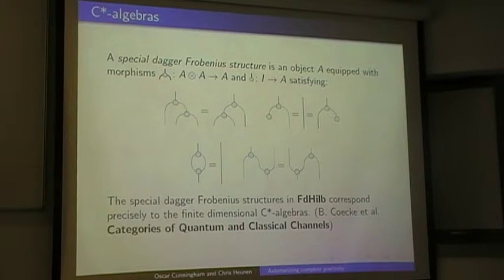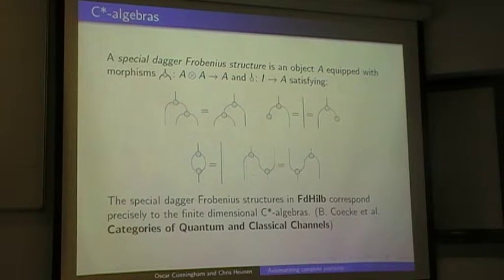And so a C-star algebra is a vector space with a multiplication defined on it, an identity, and this is precisely this. And then there's also a star, which takes an element of your vector space and is an involution of your vector space.